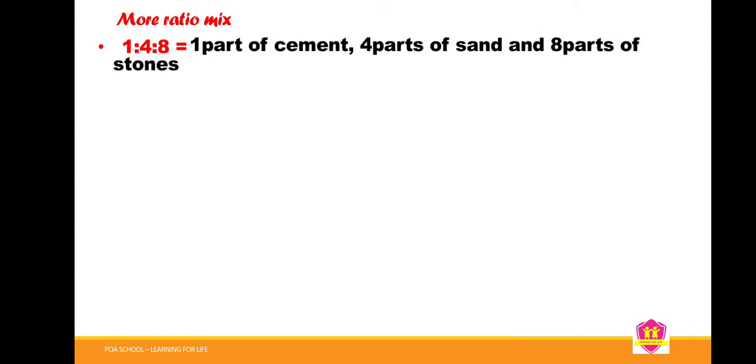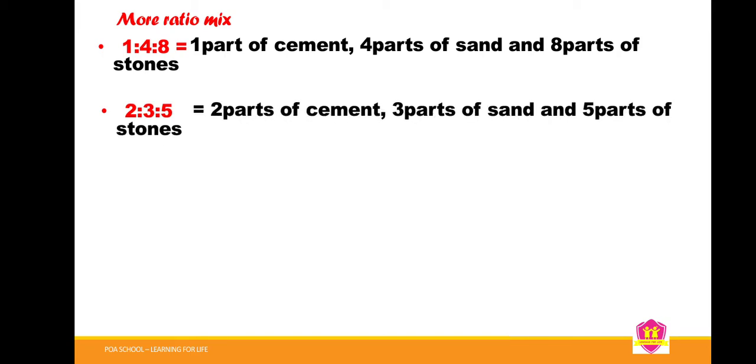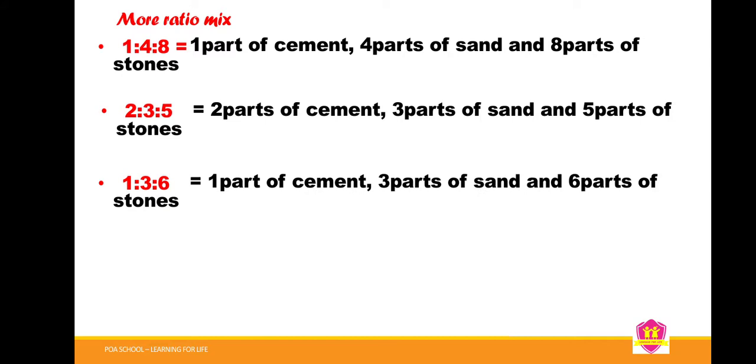Let's continue on with more ratio mix. 1:4:8, which means 1 part of cement, 4 parts of sand, and 8 parts of stones. 2:3:5, 2 parts of cement, 3 parts of sand, and 5 parts of stones. 1:3:6, 1 part of cement, 3 parts of sand, 6 parts of stones.